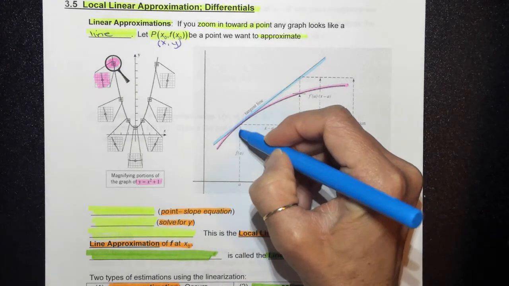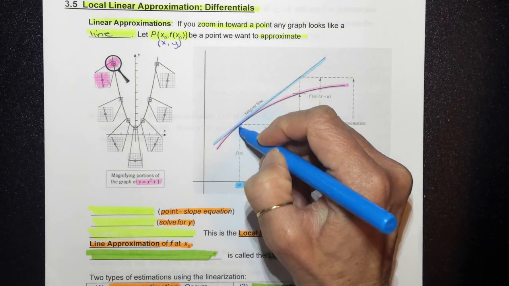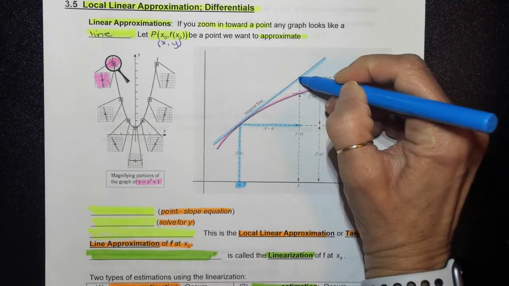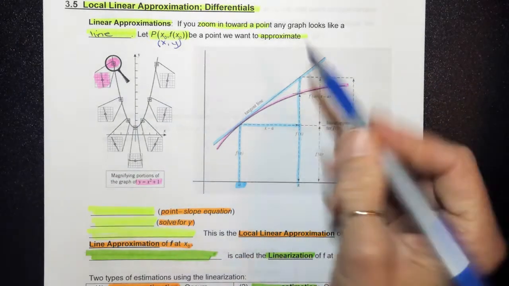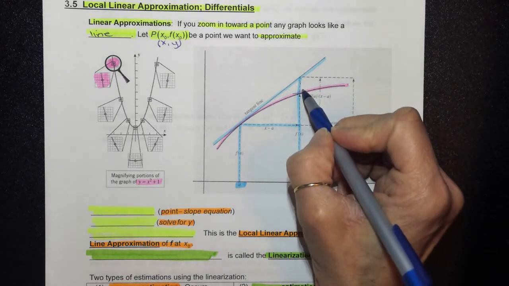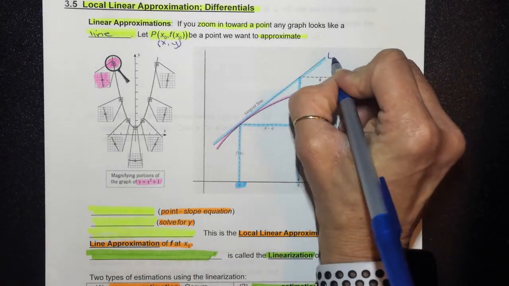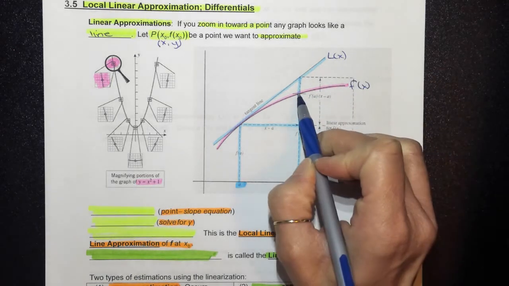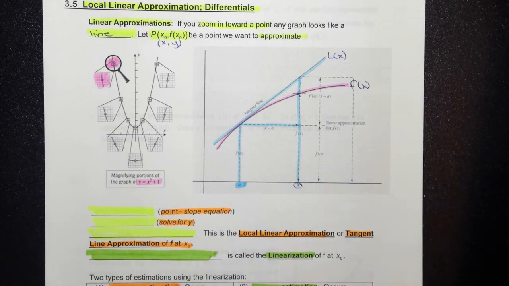We can use a value f of a and approximate that value that is not on the curve. You notice there is a distance between the curve and the line. This looks like a huge value, but it's actually so small. This is just so zoomed in. We can use this line, L of x, which is the linear approximation, to approximate this value at x for f of x.